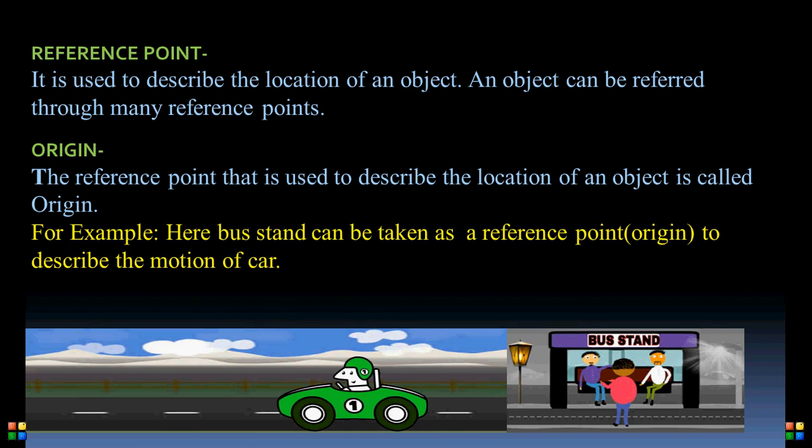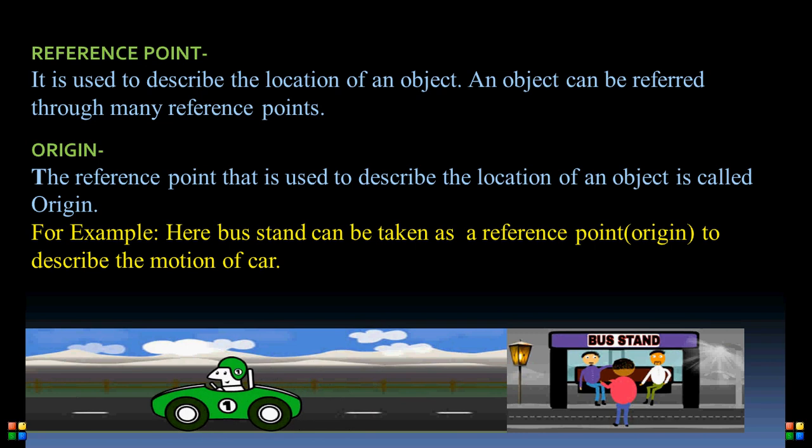So the bus stand can be taken as a reference point. Now the reference point which we are taking for the motion of this car is called origin. So here the motion of the car can be defined by taking the bus stand as the origin.